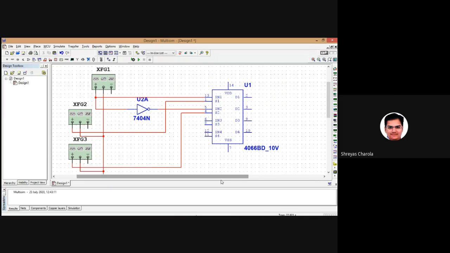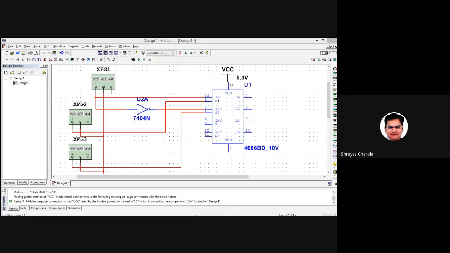Now here, I need to fix the amplitude. Here they take 10 volt peak to peak, but if I want this IC to work, I must provide a peak to peak voltage on which the IC should work. I'll take a VCC and connect it over here.